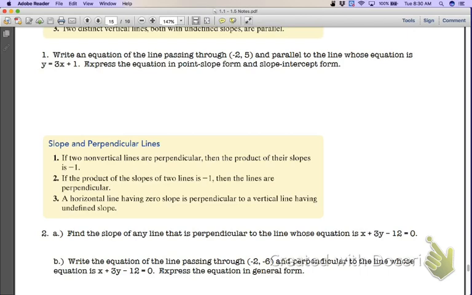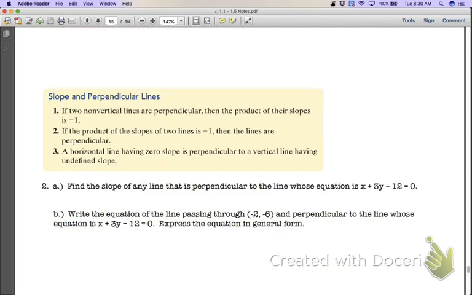Slope of a perpendicular line, remember this is a little bit different, the product of the slopes is -1. Really they're opposite reciprocals. So if they're going to be perpendicular, I'm going to flip my fraction or my whole number and then change it from a positive to a negative. So if I have perpendicular slopes, I better have one positive and one negative.